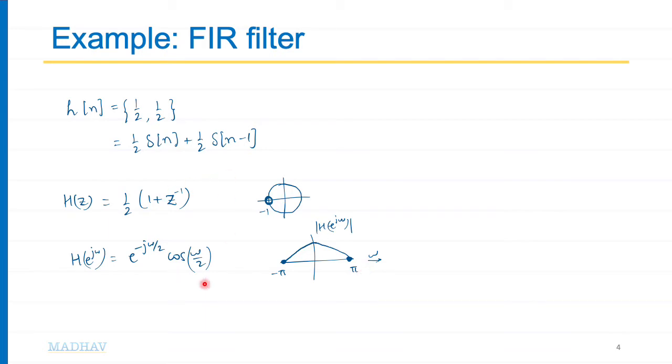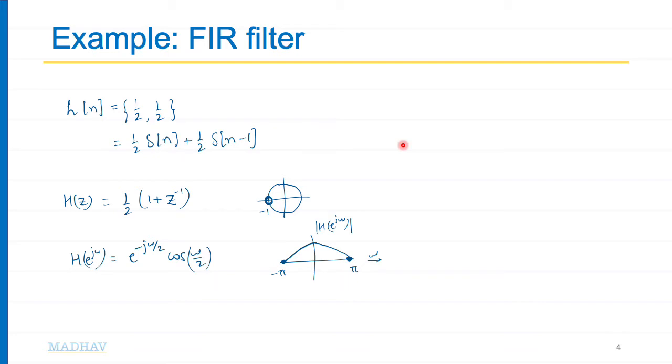Either way you can plot it, and the plot looks like this. There is a zero at plus pi and minus pi, and at omega equal to 0 the value is maximum, but not because of a pole, just because of nothing nearby. So this is my simple FIR filter.